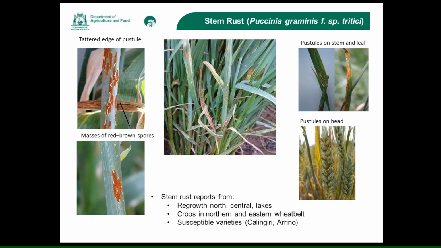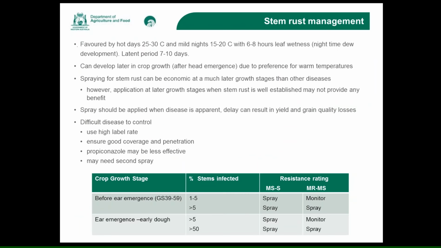As I said, stem rust is favoured by hot days and mild nights, so sort of 25 to 35 degree days and mild nights of 15 to 20 degrees. It still needs about 6 to 8 hours of leaf wetness, so we're talking about a nighttime dew development. With all of these rusts, stem rust has a latent period, that is infection to sporulation, of about 7 to 10 days.